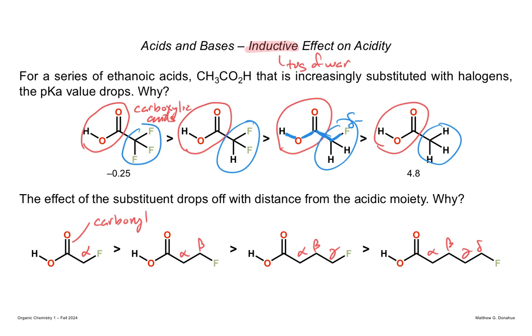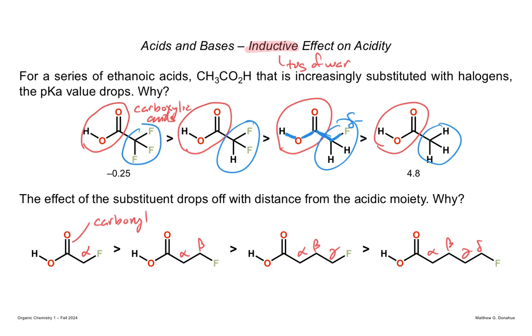So notice in this trend, the location of that fluorine atom, as it gets further and further away from the carbonyl, the tug-of-war effect lessens. It's like the two people closest on opposite ends of tug-of-war probably feel the physics more of that rope than the schlubs at the end of the thing.